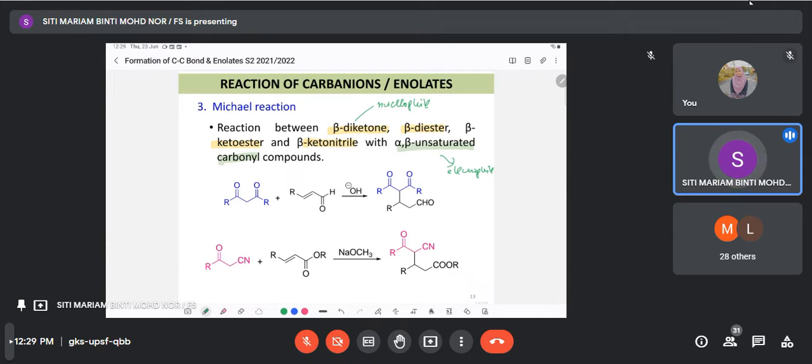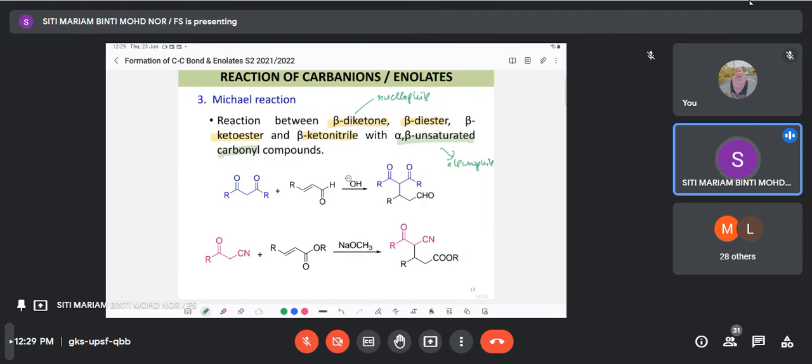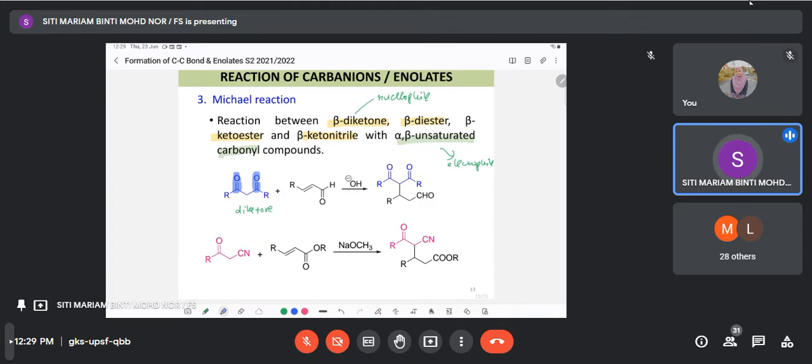So this is the general equation. In the example, the first blue compound on your left is a diketone, meaning you have two ketones in the structure. You can see one ketone here and another one here.